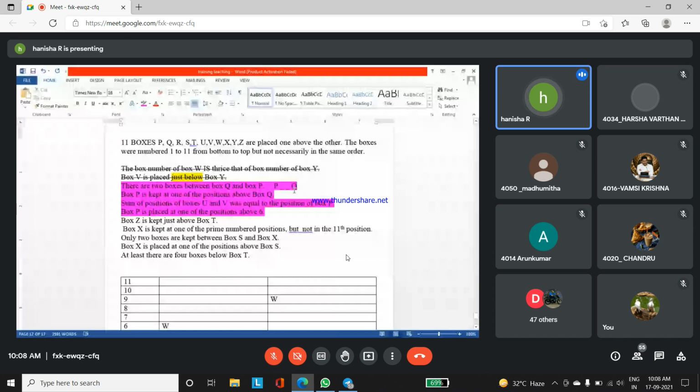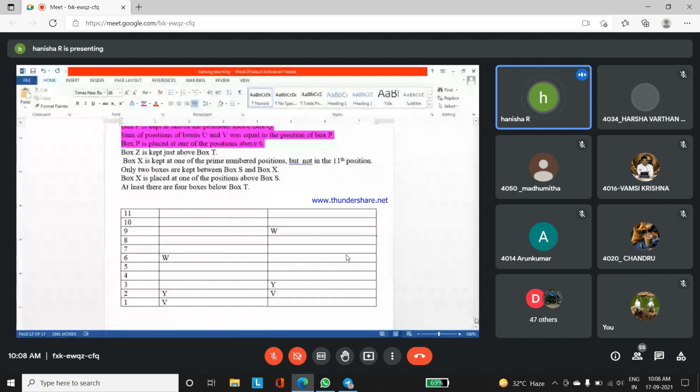The sum of positions of boxes U and V is equal to the position of box P, which means when you add the positions of boxes U and V. For example, V we already placed; V is already present in the first position as well as the second position.